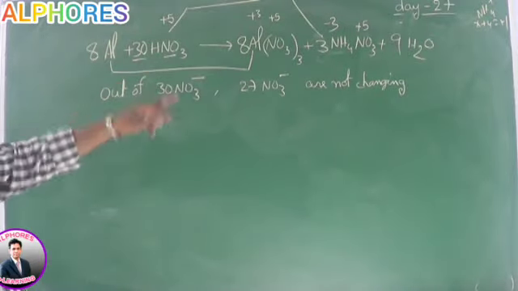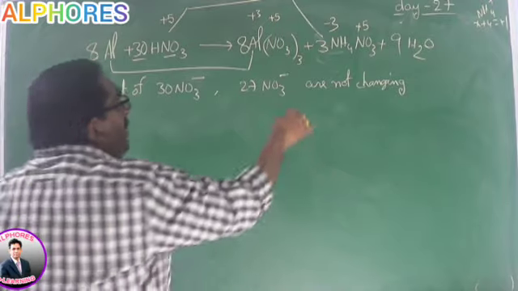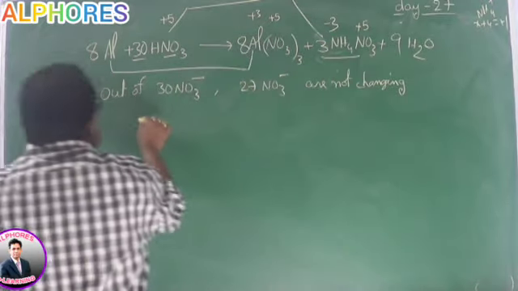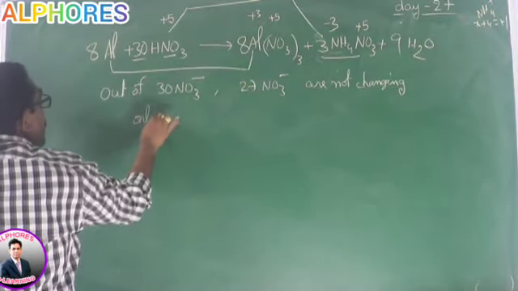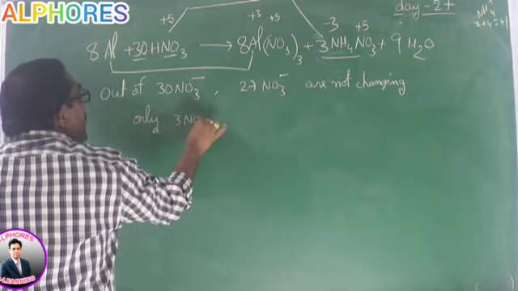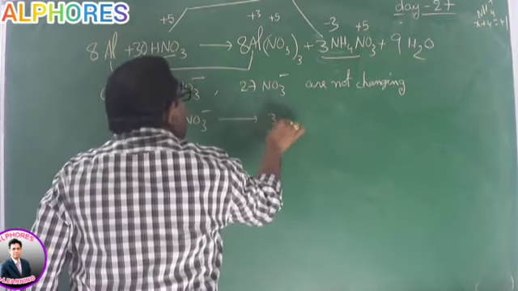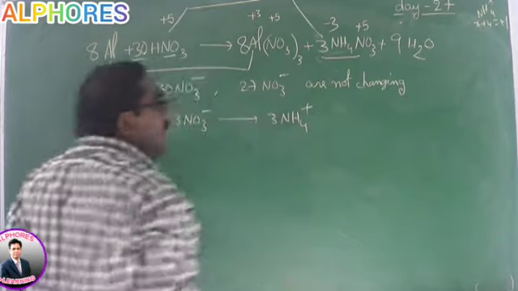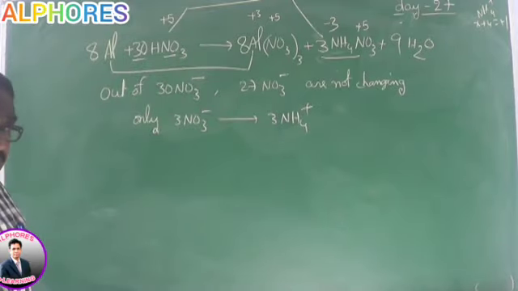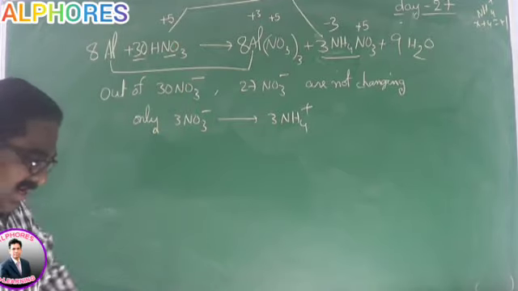Only 3 nitrates are changing into 3 ammonium ions. That also I am writing here. Only 3 nitrates are changing into 3 ammonium ions. But the remaining 27 are going as it is.